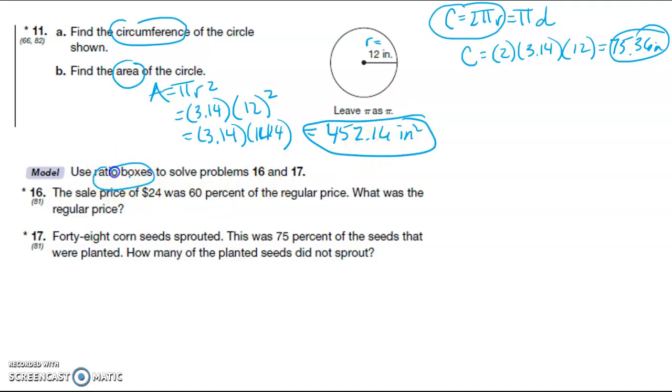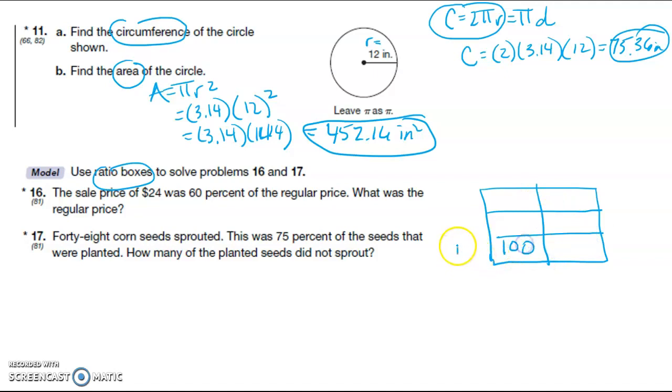All right, ratio boxes. Let's do 16 over here. The sale price of $24 was 60% of the regular price. What was the regular price? Ooh, this looks kind of difficult. So let's see. We have percent. We know percent needs to have a total of 100. So this is my percent and this is my actual.